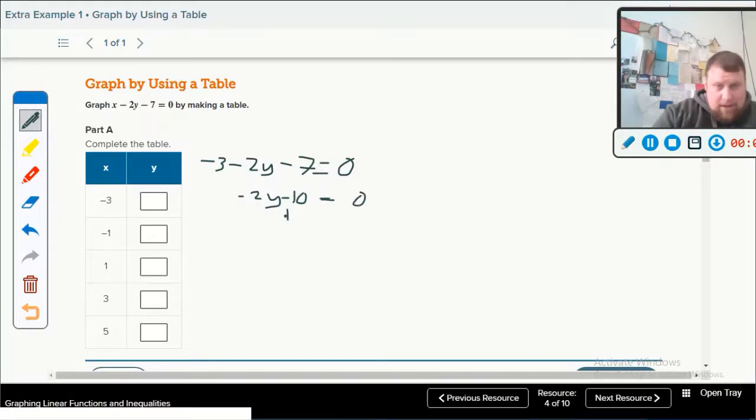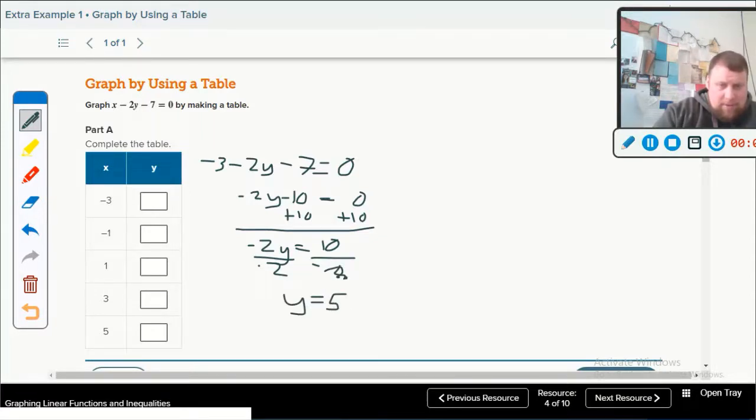I'm going to add that 10 to both sides. We're just solving for y, right? And I get minus 2y equals 10. Divide both sides by that -2, and we have y equals -5, because it's a positive divided by a negative. So we know it's going to be -5, right?